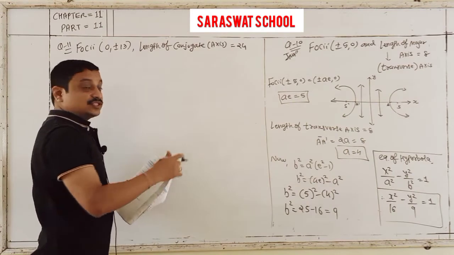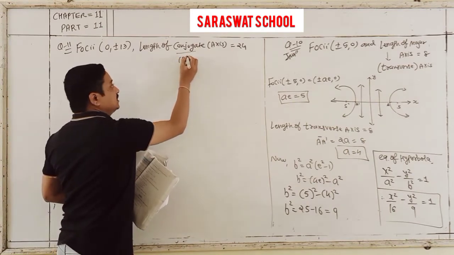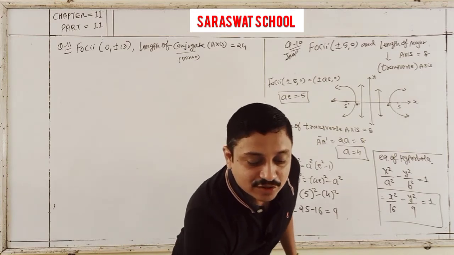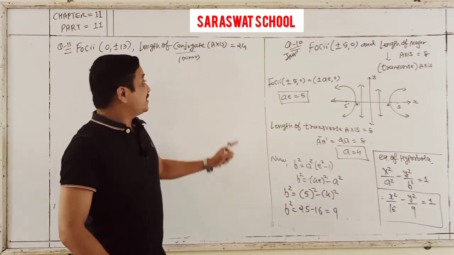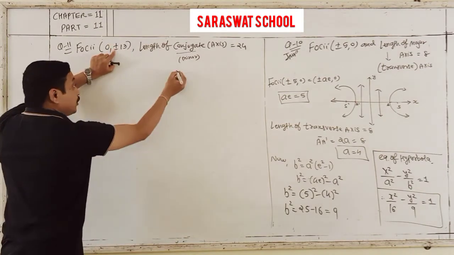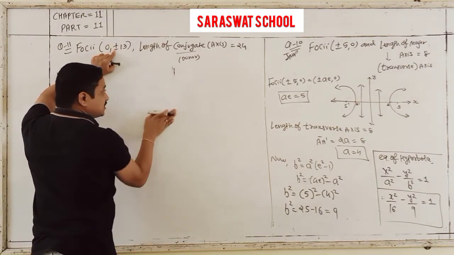So this conjugate means you will consider it a minor axis. First of all we derive where your major axis is. Major axis on the focus, where? On the y-axis. So our drawing, that's your y-axis.